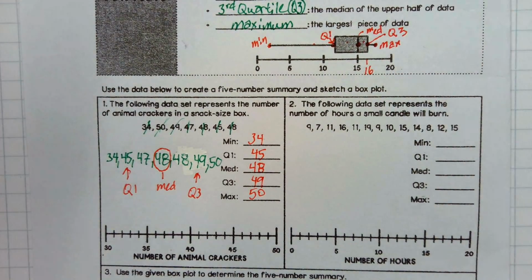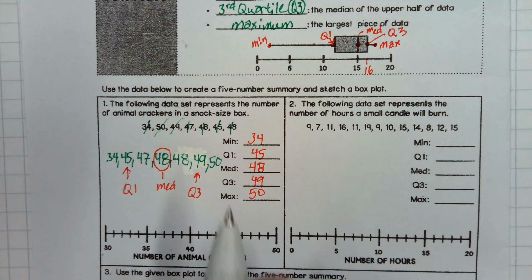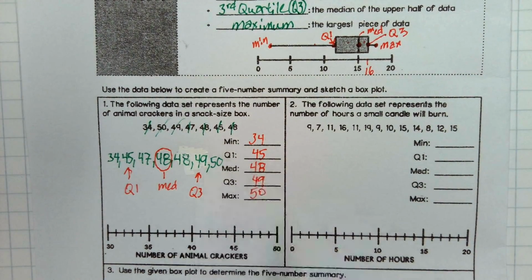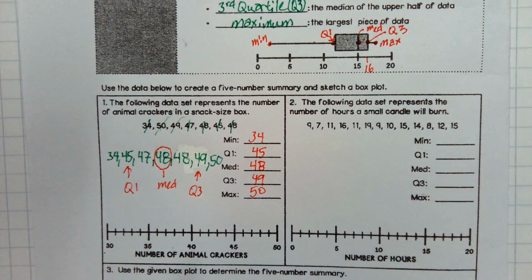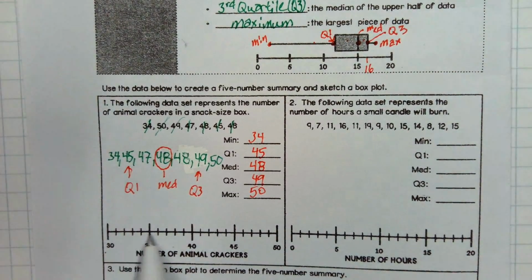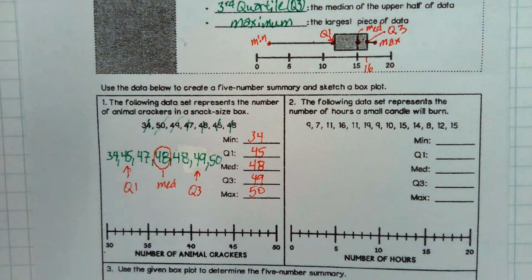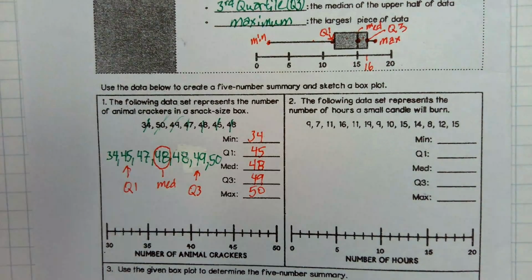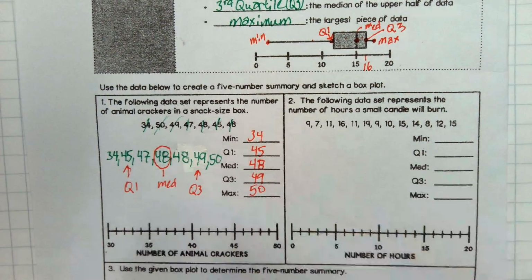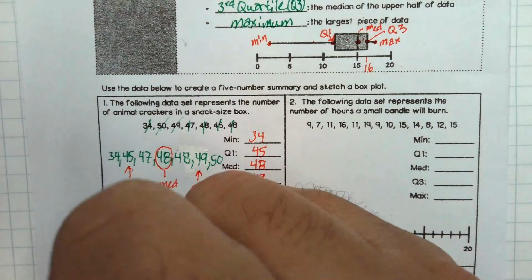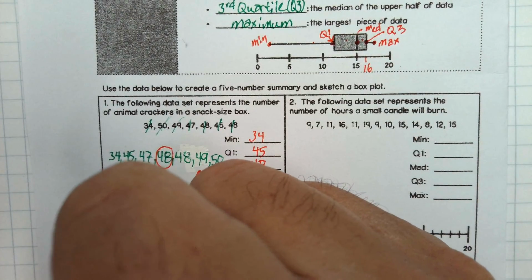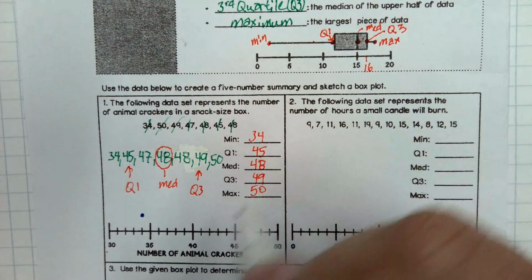So now, let's make a box plot. What we're going to do is find those 5 numbers, and right above, not on the number line, but above it, we're going to make some dots at those locations. So we're going to look for 34 and put a dot right there. Then we want 45.